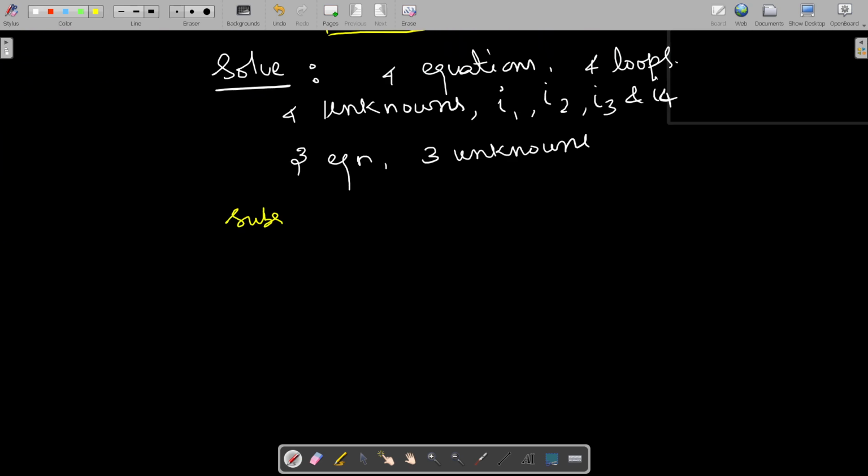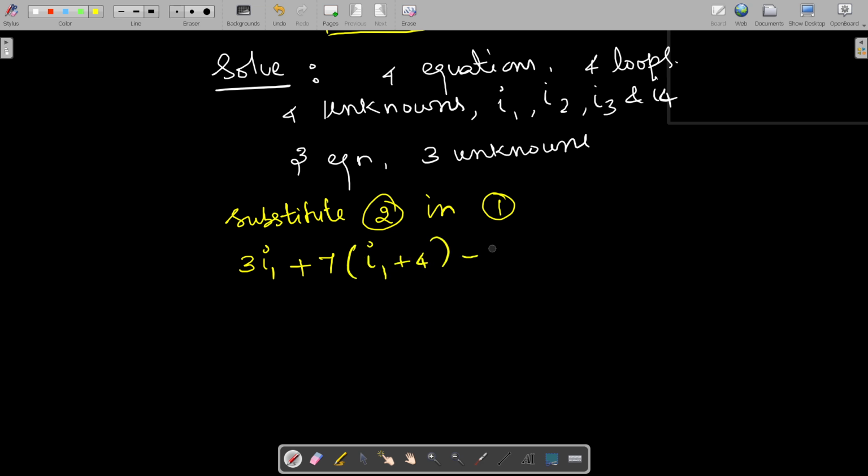Now substitute the second equation in the first equation. So you write it as 3I1 plus 7 into, there you have this I2, isn't it? So in place of this I2, we write it as I1 plus 4, then minus 3I3 minus I4, that is equal to 0. This is actually our first equation.